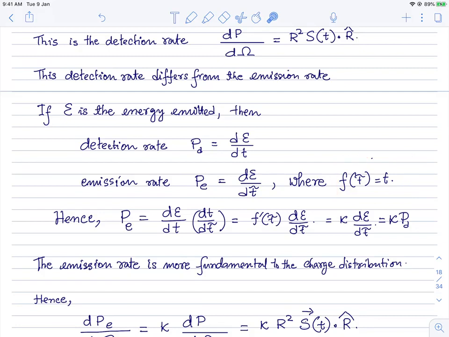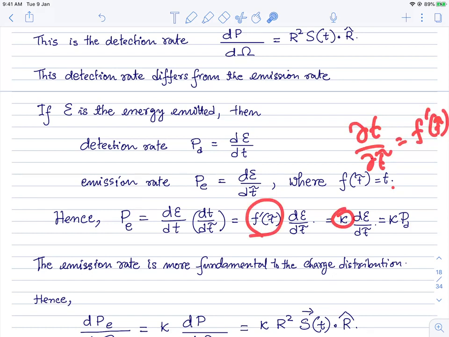So the power emitted, dE/dt tilde, we can convert into dE/dt times dt/dt tilde, and we can differentiate the retarded condition. So dt/dt tilde is equal to f prime of t tilde, and this f prime of t tilde we know is the kappa factor.